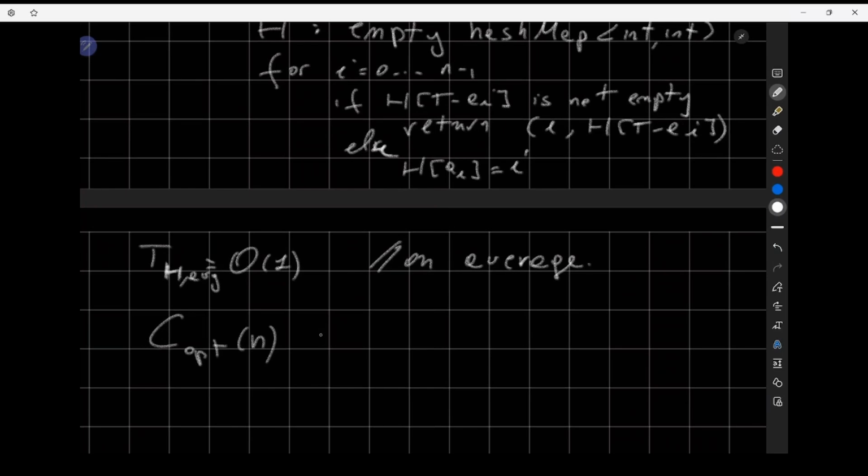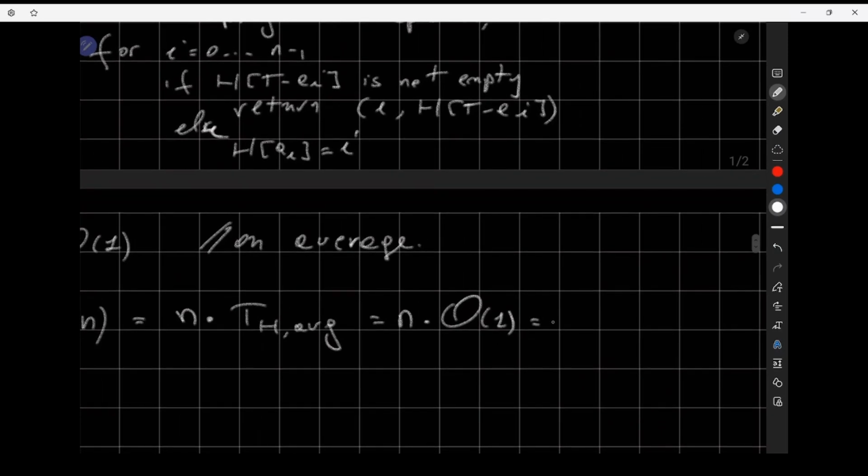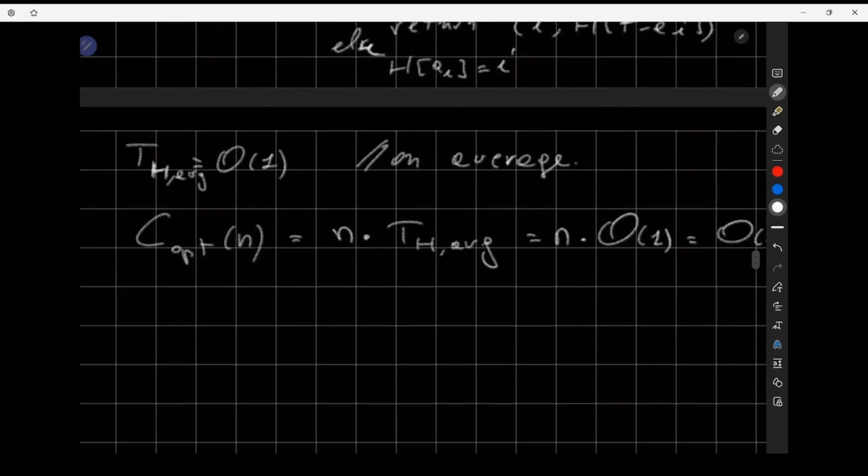So we can say that C opt of n is essentially n times T_H average, whatever this cost might be, which we know is O(1), so n times O(1) is O of n. And therefore, this is an optimal algorithm.